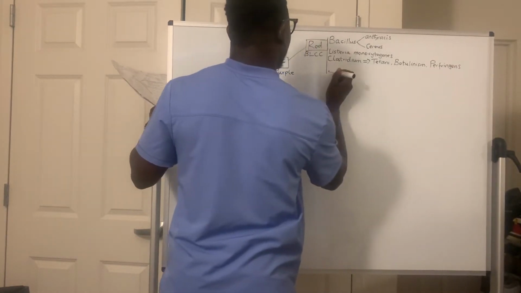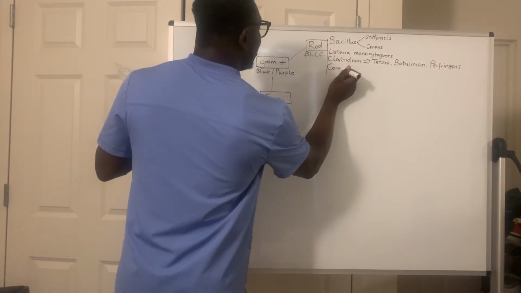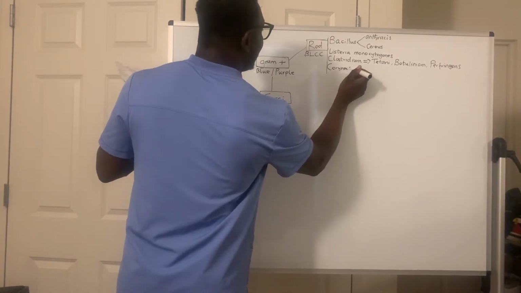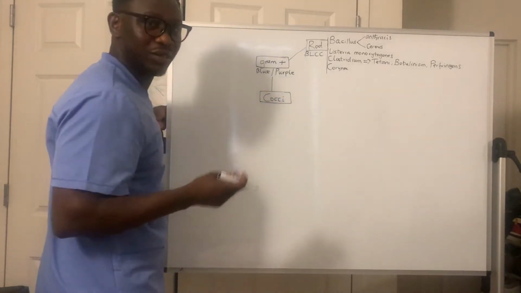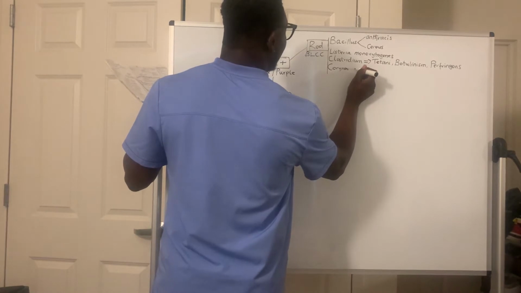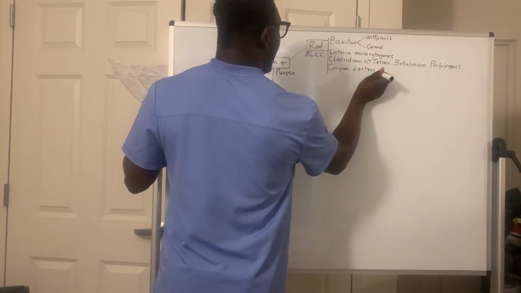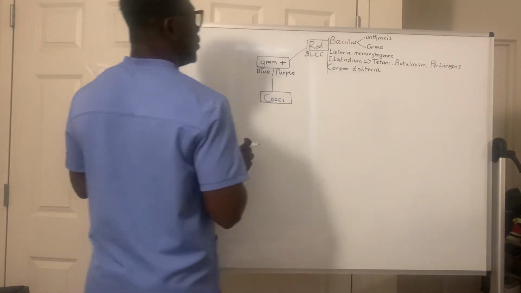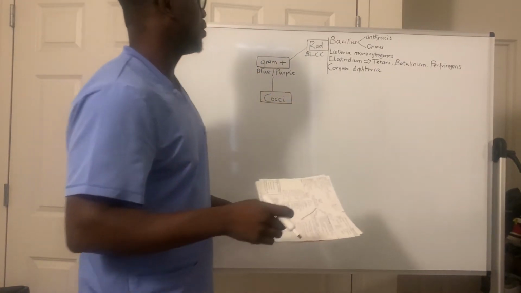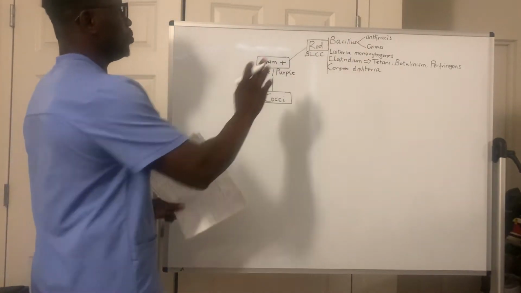Now, we have another C, which is Corynebacterium diphtheriae, which releases the diphtheria toxin. But this is for another lecture. Clostridium, Listeria, Bacillus thuringiensis, this would be for next time.